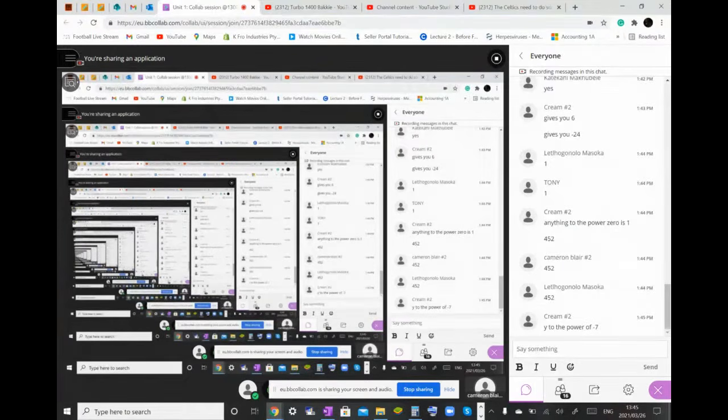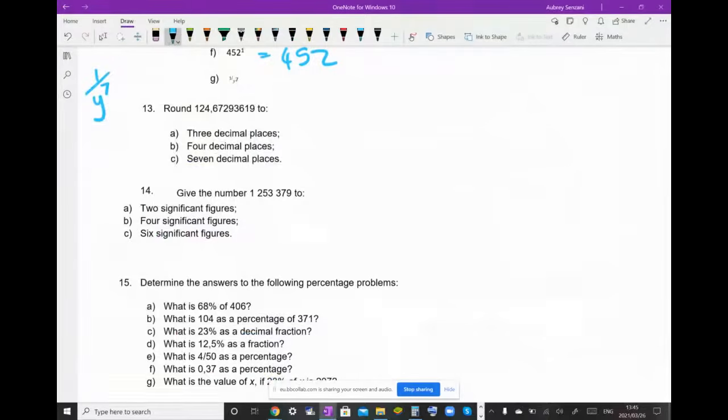Yes, you're talking about the answer. So this will then equal y to the power -7. That's your solution right there.